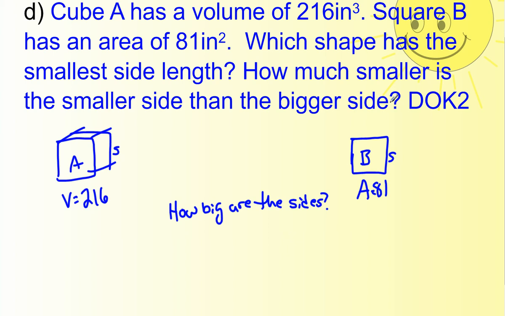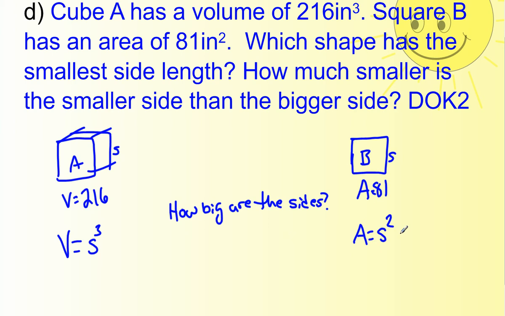From past experience, about 3 problems ago, we know that there is a volume formula that looks like this. And there's an area formula for a square that looks like that.